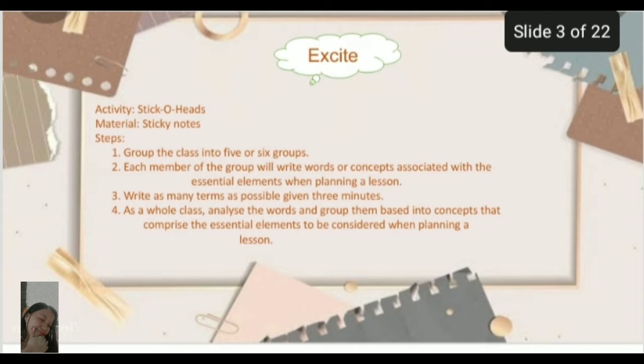Number 1, group the class into 5 or 6 groups. 2, each member of the group will write words or concepts associated with the essential elements when planning a lesson. 3, write as many terms as possible given 3 minutes. And number 4, as a whole class, analyze the words and group them into concepts that comprise the essential elements to be considered when planning a lesson. I hope the instruction is clear.